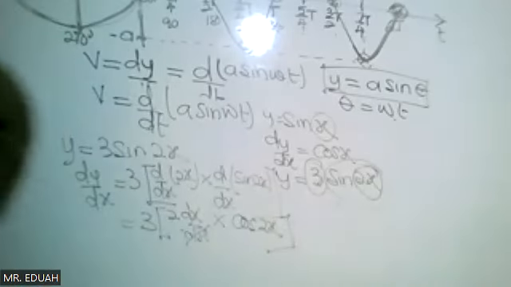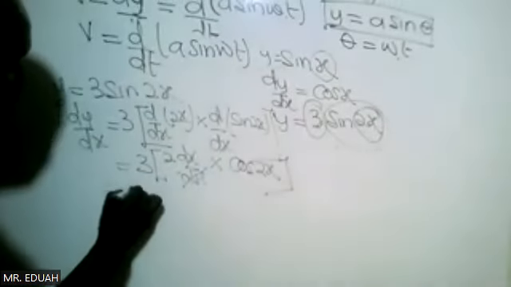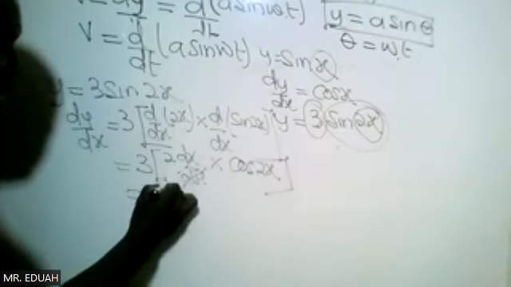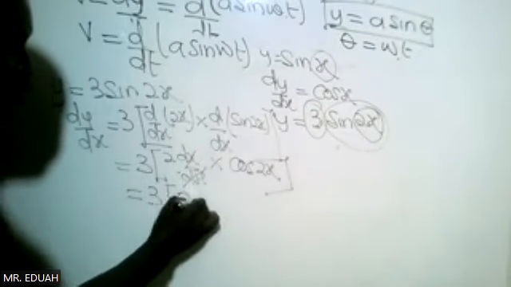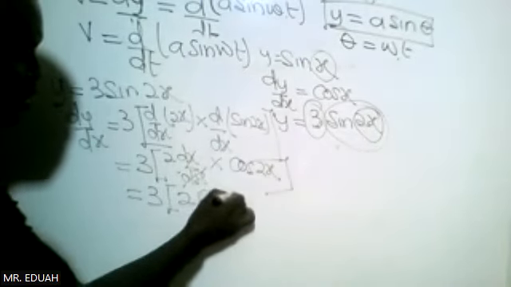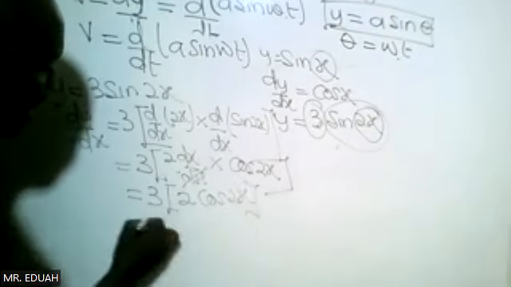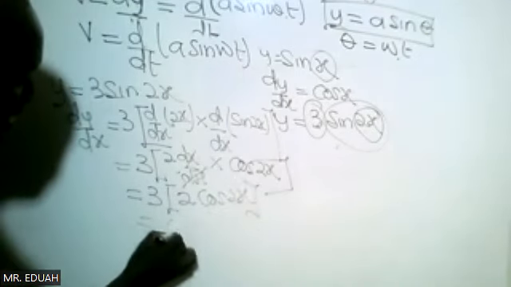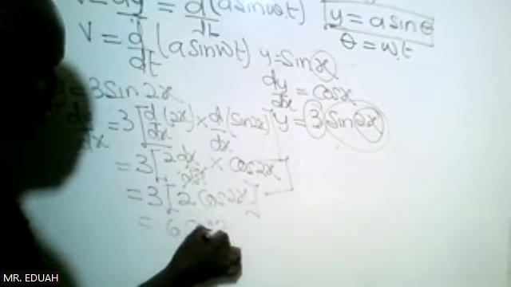So in effect, this differential will be 3 times 2 cos 2x, which will give us 6 cos 2x.